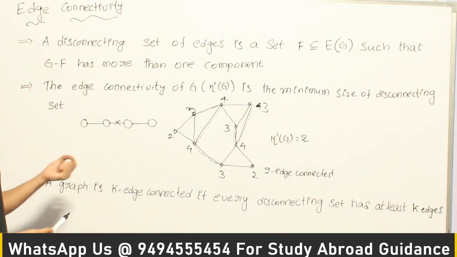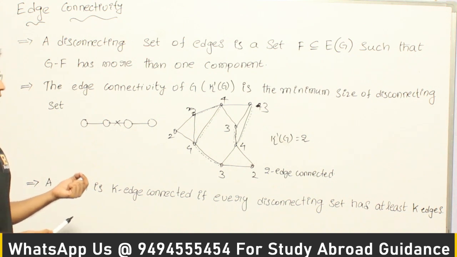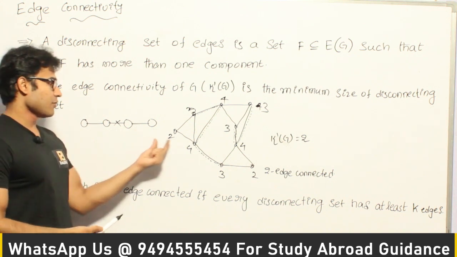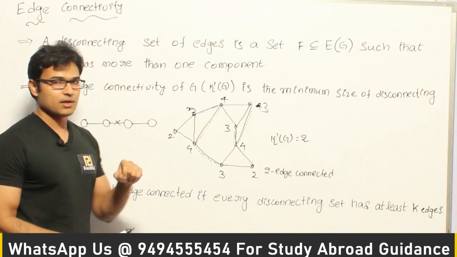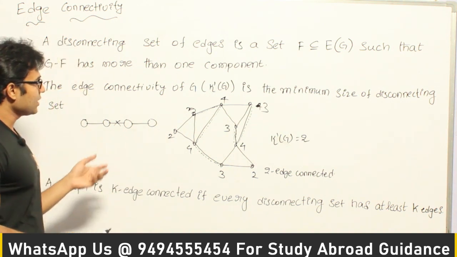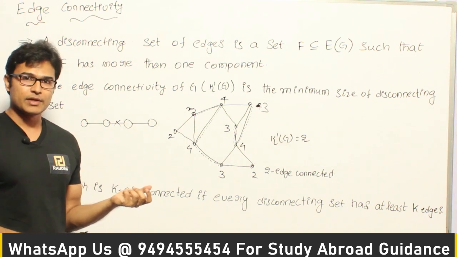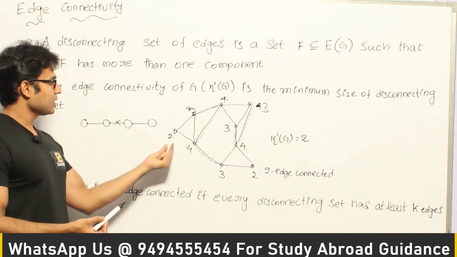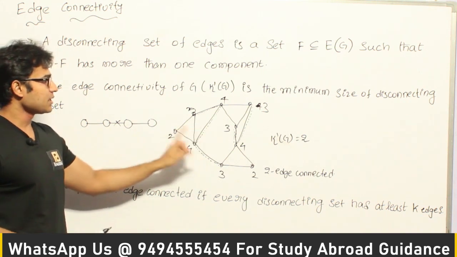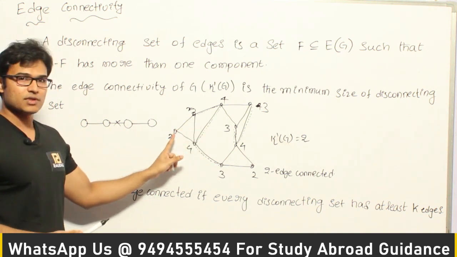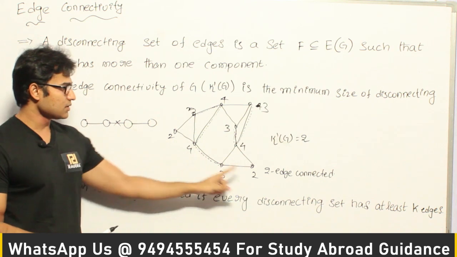In order to isolate one vertex, you need to at least remove all the edges which are incident on it, right? Now which vertex is the easiest one to isolate? That vertex is nothing but the vertex with the least degree, right? If you see this case, you can easily isolate the vertex with least degree, which in this case is 2.